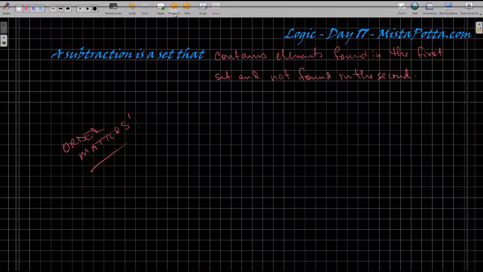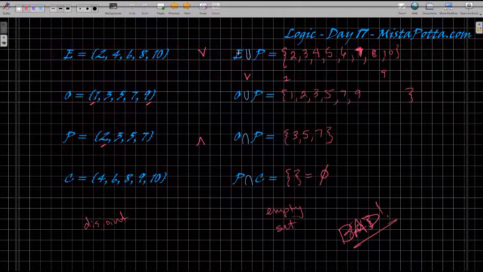In our prior example, it didn't matter if E came first or P came first, because we're kind of just smushing these sets together to make a larger set. Similarly, it didn't matter which one came first, O or P, because we're only seeing where those two sets overlap.